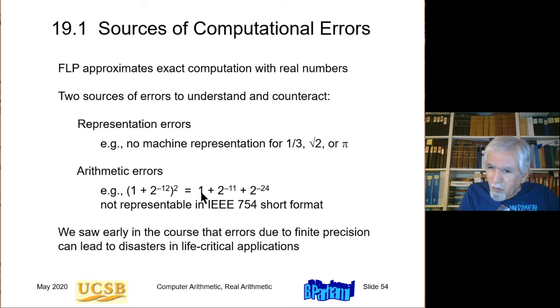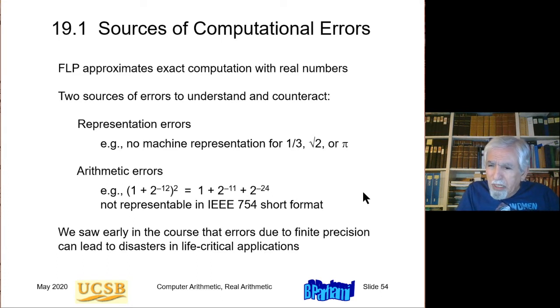Again, this is the hidden 1, this is a 1 in position 11 after the radix point, and this would be a 1 in position 24, but we have only 23 positions after the radix point in the short format. Therefore we cannot represent that. If we chop that extra bit, we commit this much error, 2 to the minus 24 error. Or if we round up, we still have this much error.